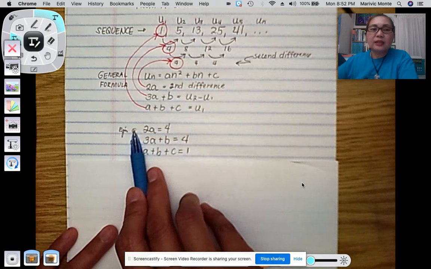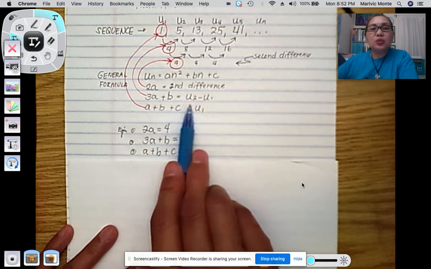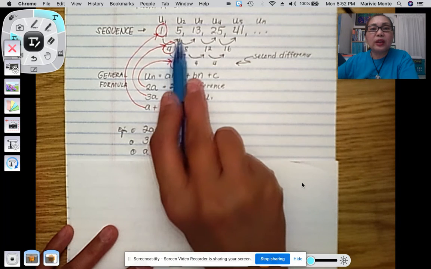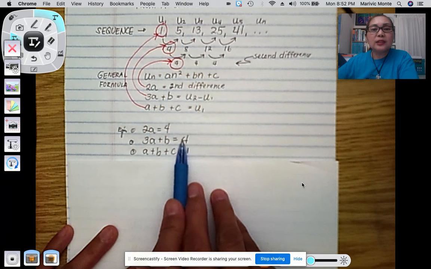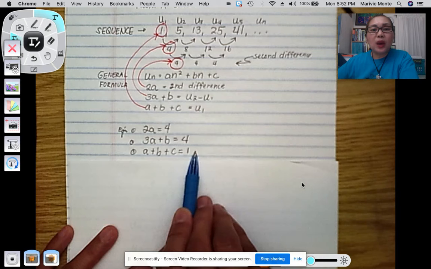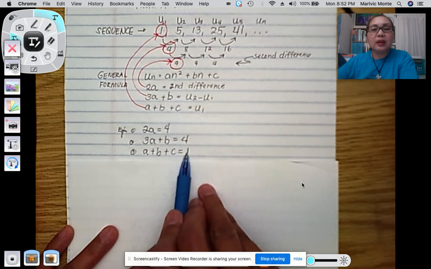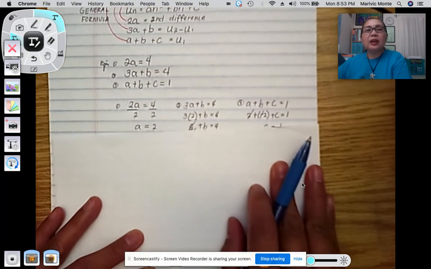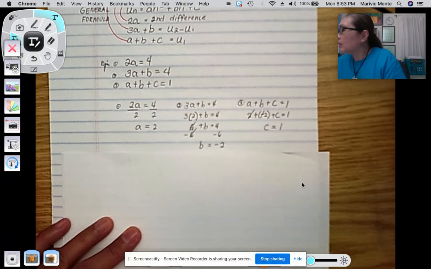Let's say that's our first equation. 3a plus b equals u2 minus u1, which is 4. And a plus b plus c equals 1, that is your first term. And here it is.